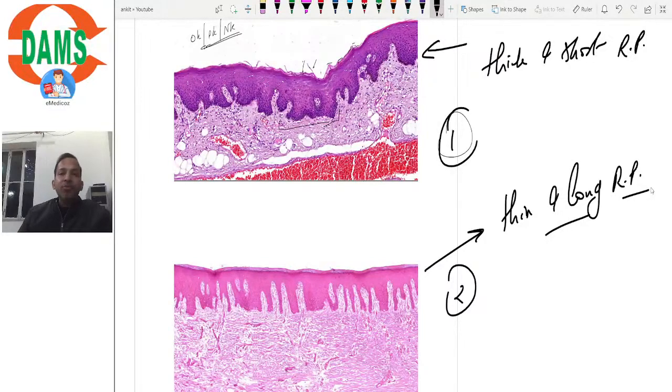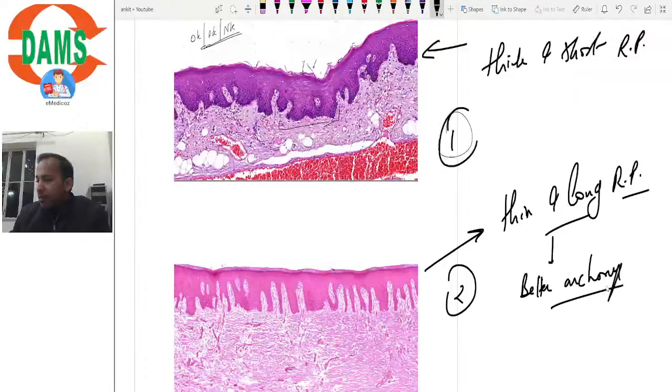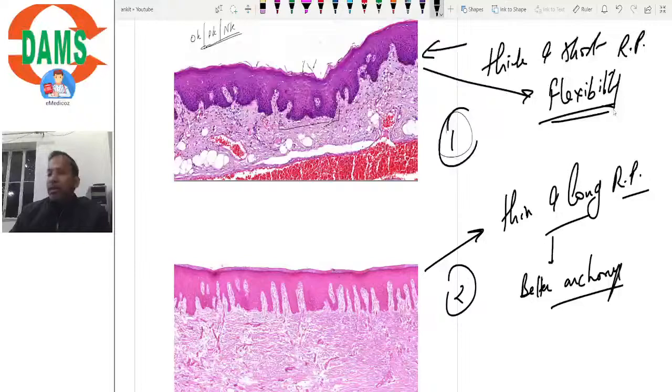They are seen in the masticatory mucosa. Wherever masticatory mucosa is present, long and thin ridges help in better anchorage. Whereas in the lining mucosa, we always have thick and short ridges, because they help with flexibility of the mucosa. So lining mucosa is always flexible, and attached or masticatory mucosa is always stiff. It does not yield.